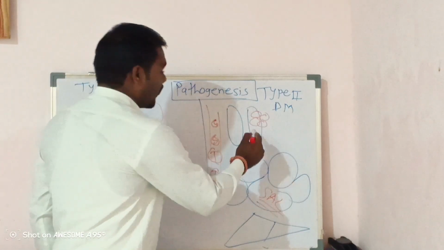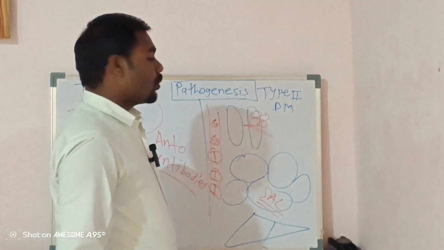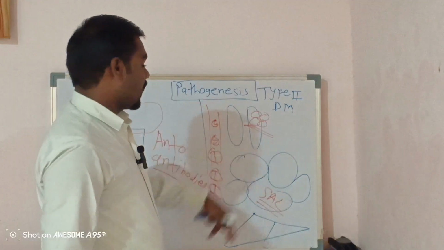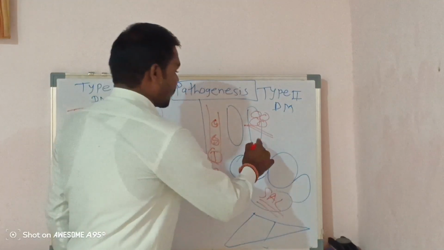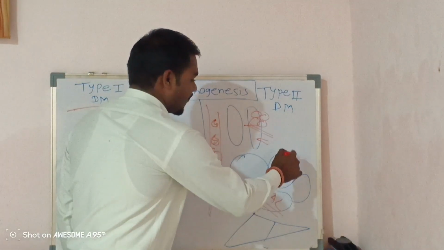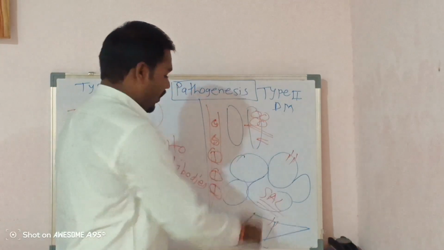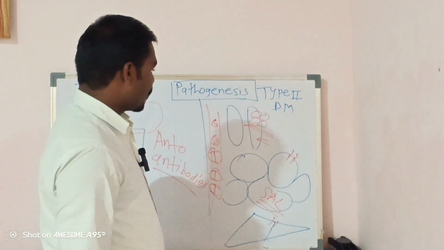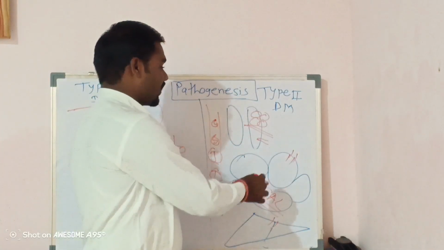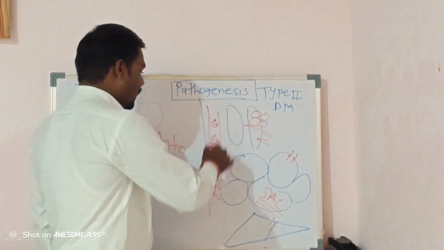Since there is no binding of insulin with insulin receptors, no GLUT4 channels are implanted on these target organs. So there is no glucose entry into the target organs, and glucose remains inside the blood only.